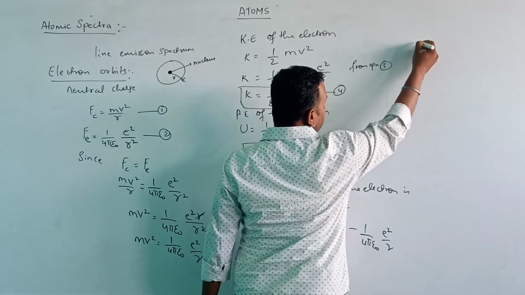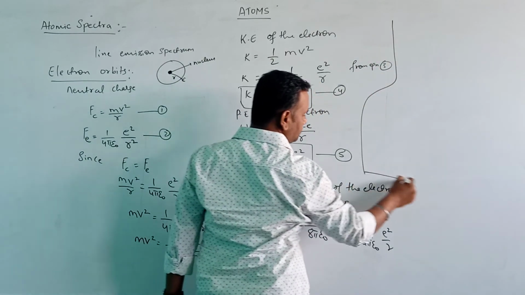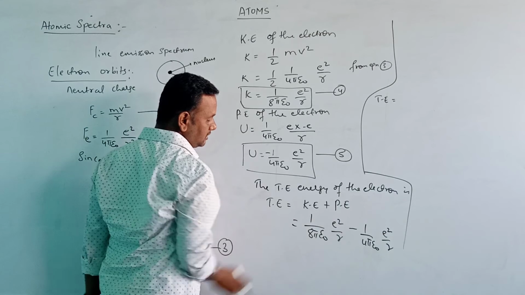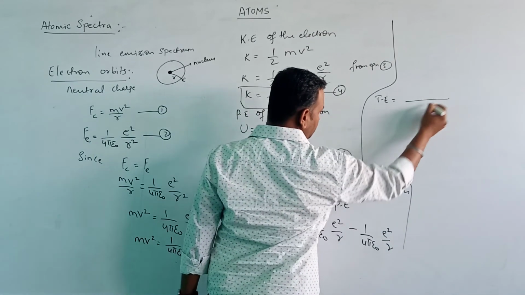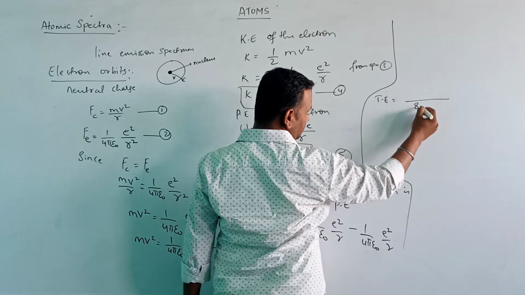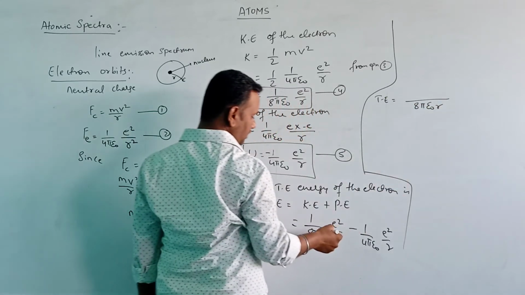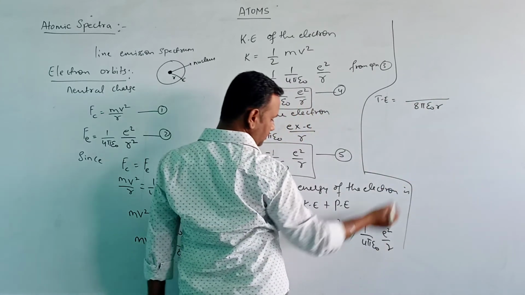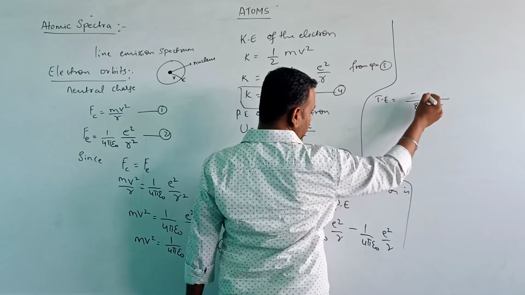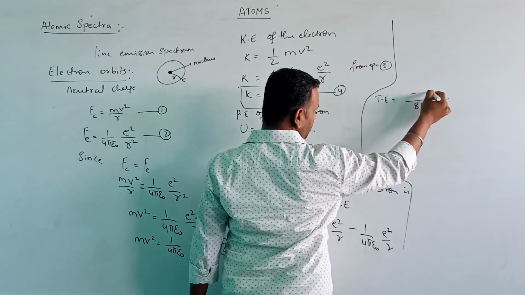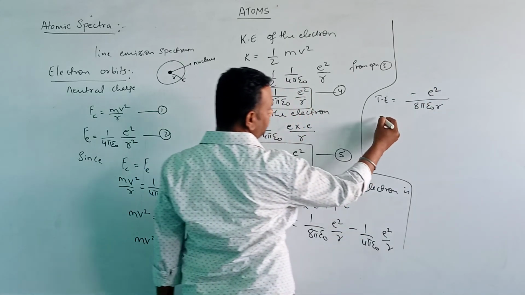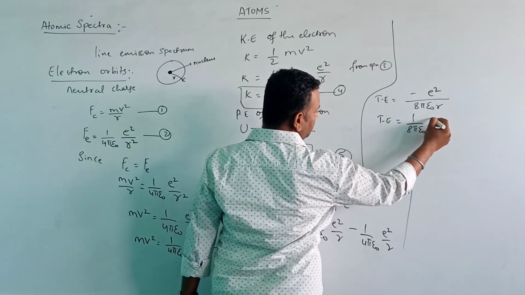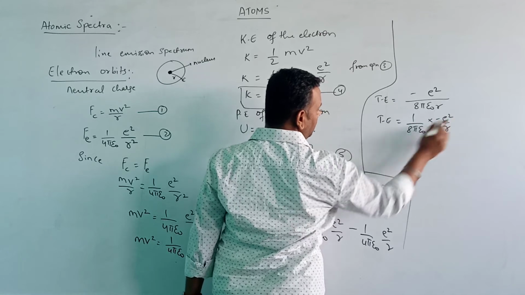So the total energy can be written as 1 by 8 pi epsilon naught into minus e square divided by r.